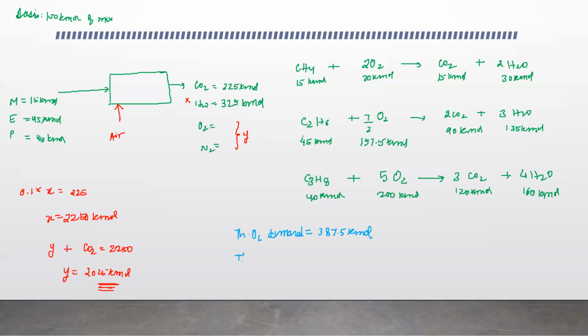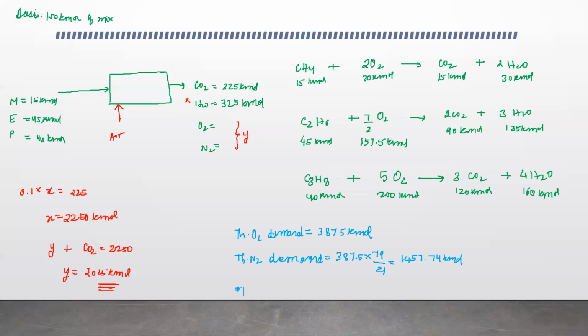Then from here, we can get the theoretical nitrogen demand. We'll understand why we need this. Theoretical nitrogen demand is going to be 387.5 into 79 by 21, that is equal to 1457.74 kilomole, right?